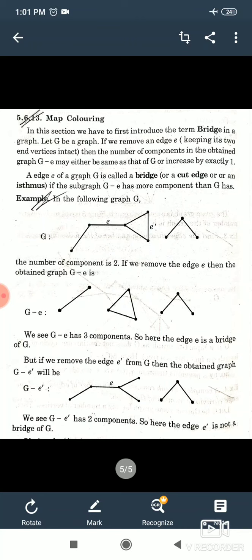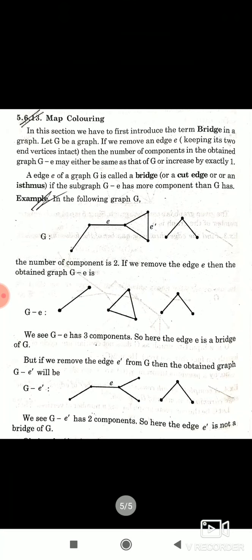So from the graph G, E is a bridge, but E' is not a bridge of G. Okay, thank you. Next class we discuss the problem of map coloring.